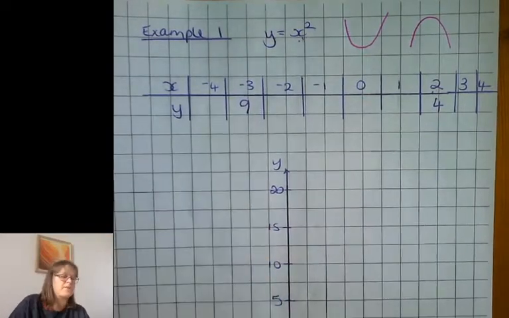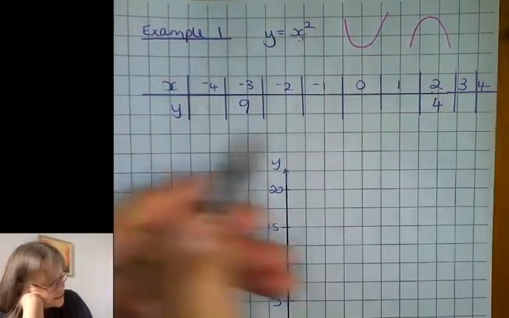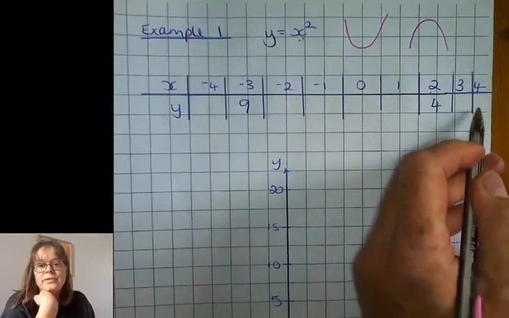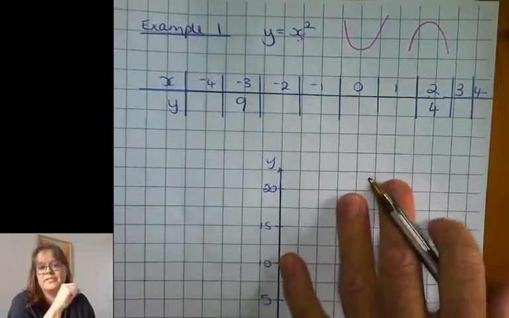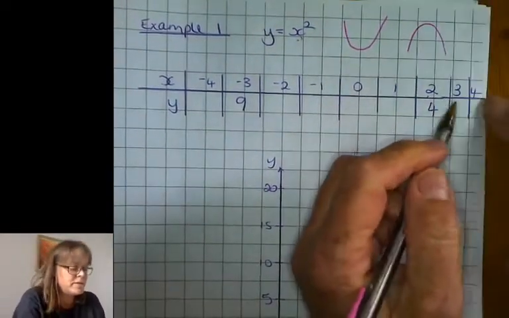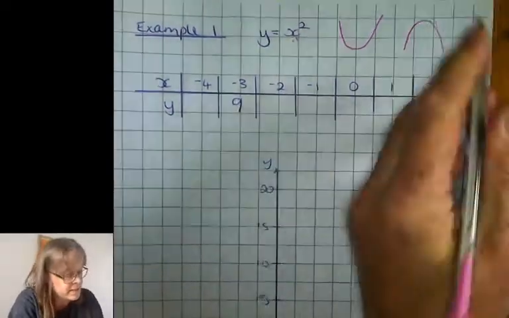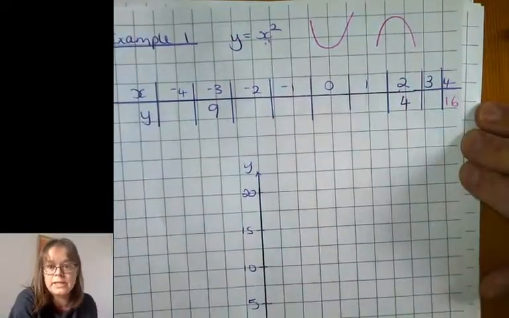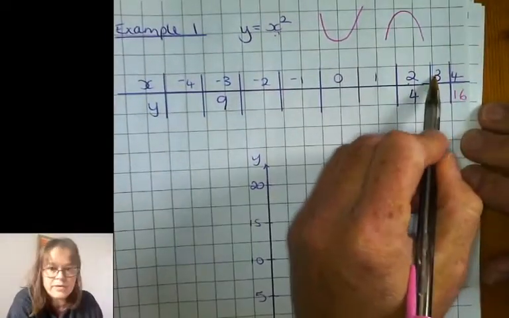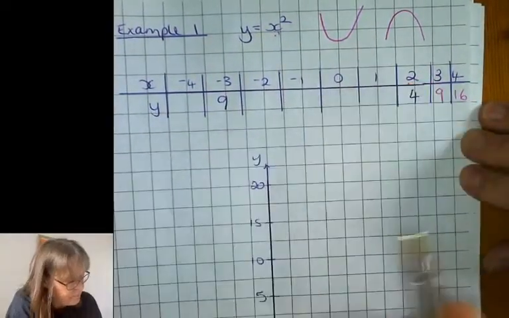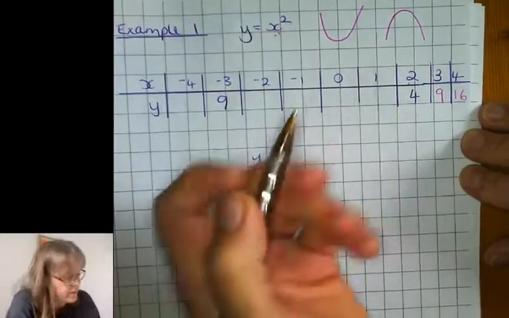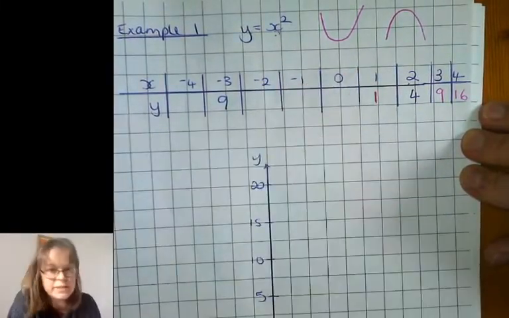Hence I've got that. So let's fairly quickly fill in the rest of these. Now usually I would start at the positives because we're better at positive numbers. So let's get going up here. So I'm going to start here with the 4. So when x is 4, 4 squared, 16. So I'm going to write 16 in there. 3 squared, 3 times 3 is 9. When x is 1, 1 squared is 1. 1 times 1 is still 1.